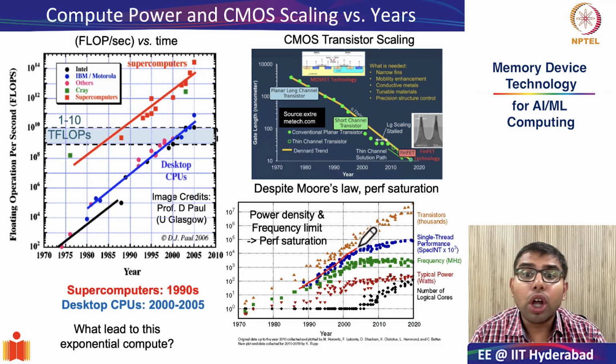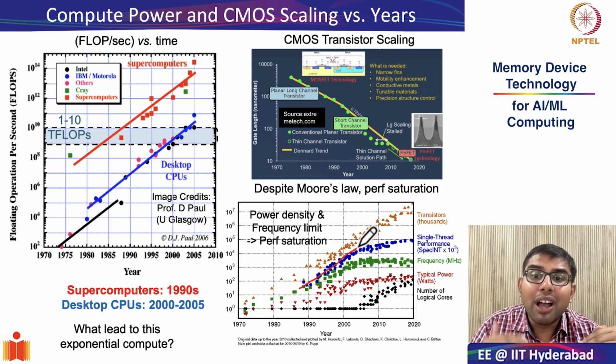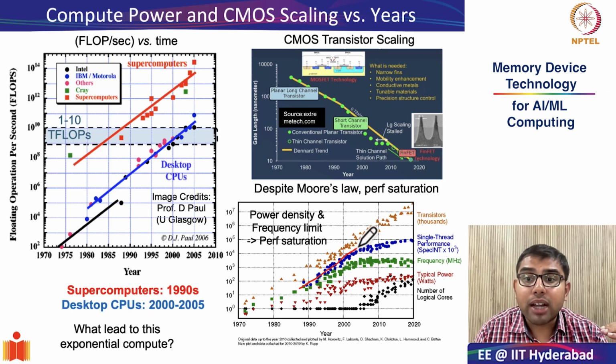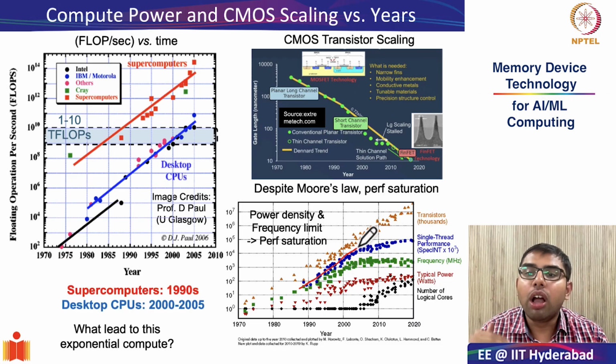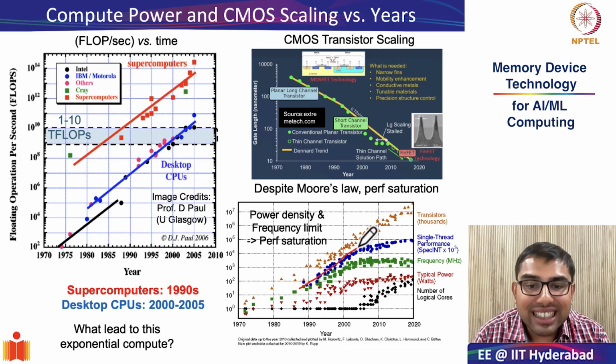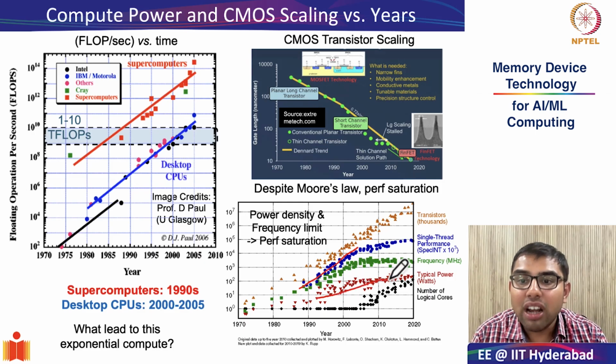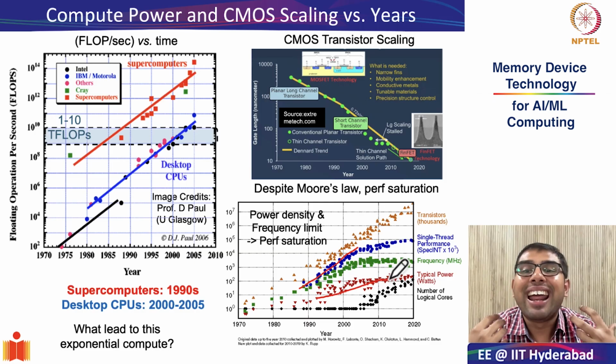For decades, clock frequencies were pushed higher and higher, but after around 2005, they hit a ceiling of just a few gigahertz. Why? The answer lies in the red line. The red line indicates the typical power or the power density. So what happened is, as we made transistors smaller and smaller, they started leaking more and more current.